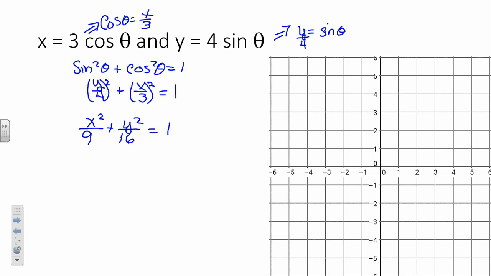What is that the equation of? An ellipse. Centered at what? At 0, 0 at the origin. Has a major axis that is the x or y axis.